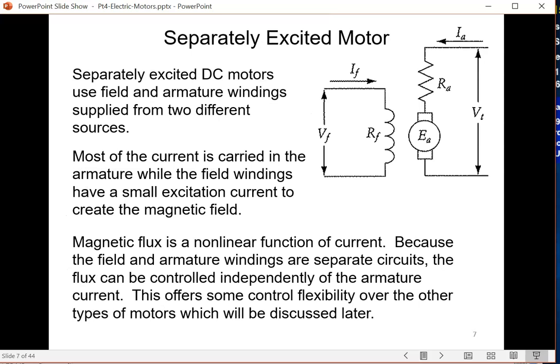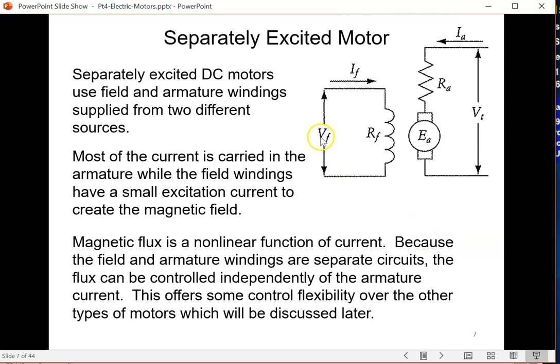So I'm going to use the equivalent circuit to explain how the separately excited motor works. On the right hand side, we have two parts of a circuit diagram. The left part represents the field winding, and the right hand side represents the equivalent circuit of the armature winding.